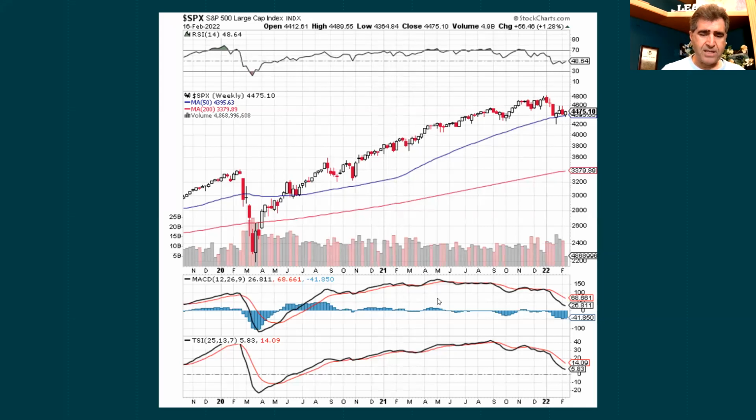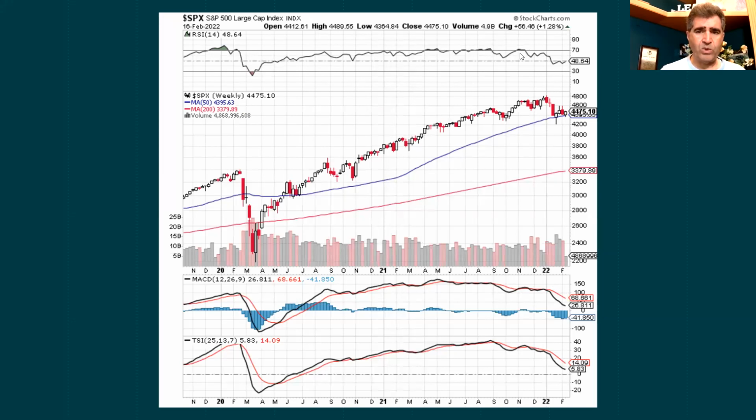Now we have MACD, which we've talked about, with the signal line, and this is RSI. With RSI, we don't sell just because, let's say, it's at 75 or 80. We will watch it till it crosses.